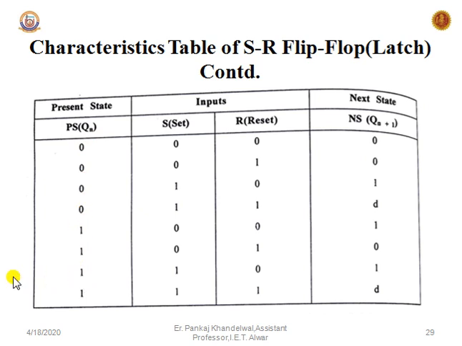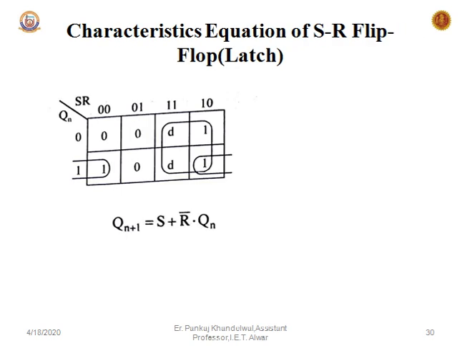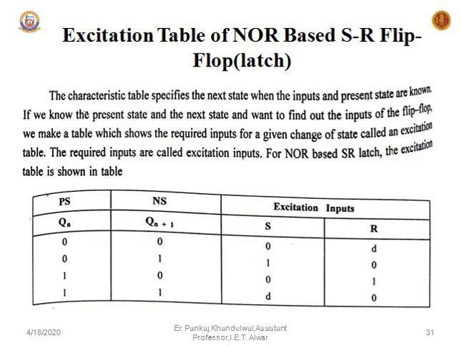If we compare the values of set and reset, the value of set in the first case is 0 and in the second case is 1, so we can write the value of set as D, and the value of reset is 0 in both cases, so we can write the value of reset as 0.